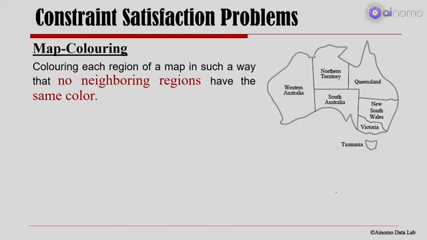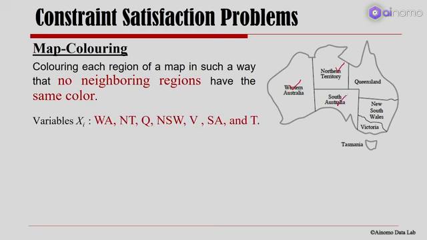We look at another example from constraint satisfaction problems called the map coloring problem, which is about coloring each region of a map in such a way that no neighboring regions have the same color. So here, if you notice, we have 1, 2, 3, 4, 5, 6, 7 variables, and let us say we are interested in coloring them in either of 3 colors.